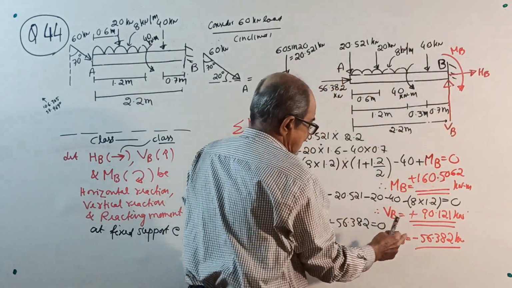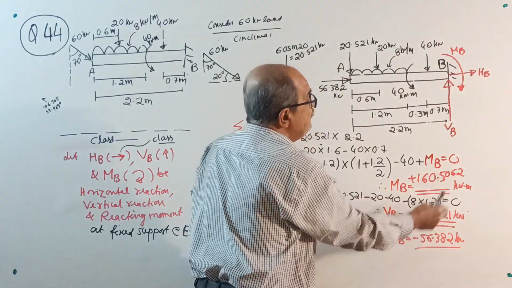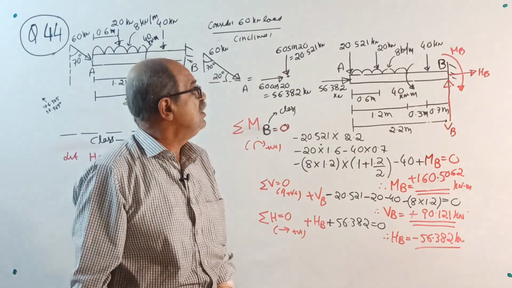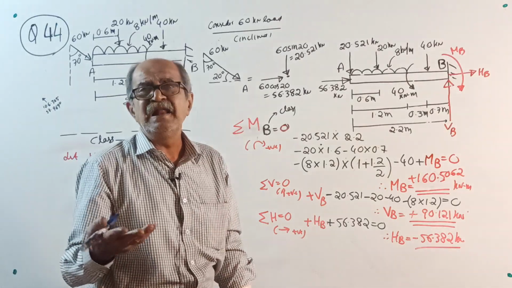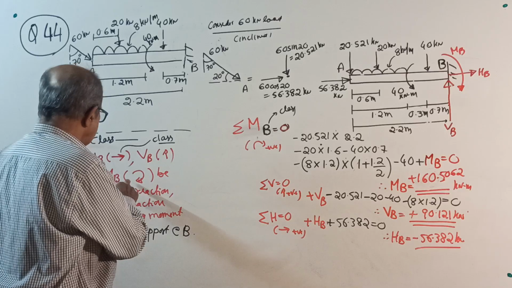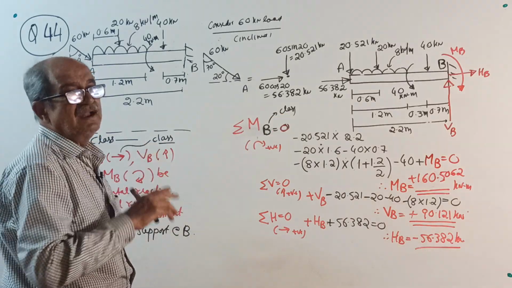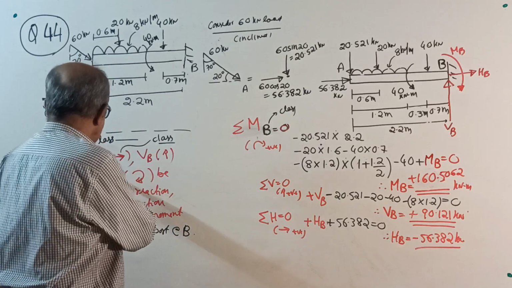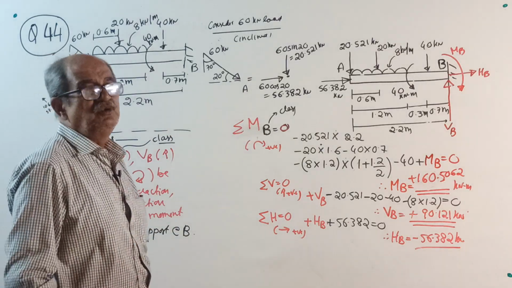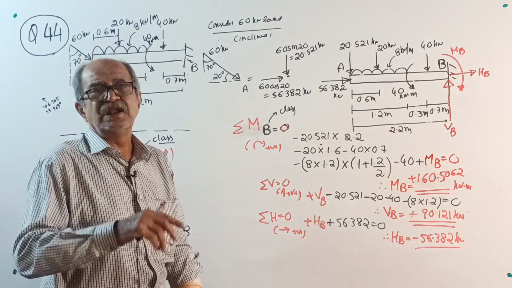Then your HB will come positive, meaning the assumed direction is correct. But some people don't have time to think all these things, so generally we take right side. Deliberately, I know it is not right side, it is left side. So make a note, don't say that he does not know the reaction. It is left side only, but usually for horizontal reaction you take right side.